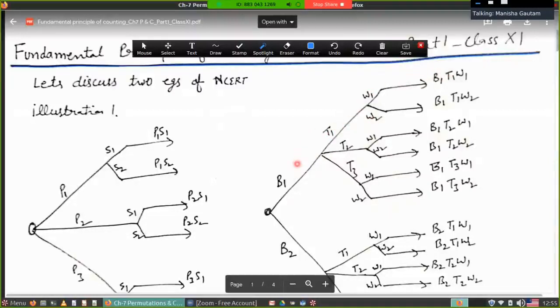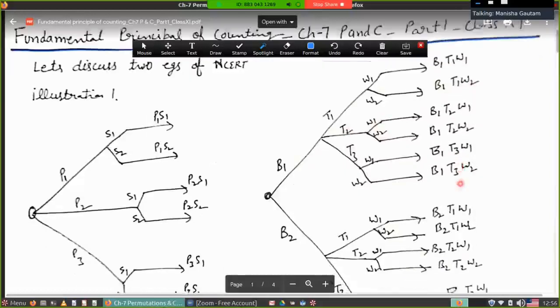The second combination will be B1, T1, both the same, and you change the water bottle, that will be W2. Then B1, then take T2, the second tiffin. With this, you can take both water bottles W1 and W2, so 2 combinations will be there. With T3, again W1, W2, 2 combinations you will get.